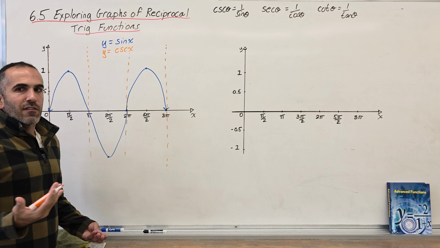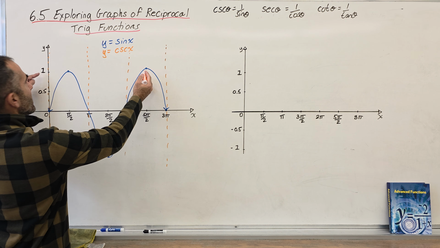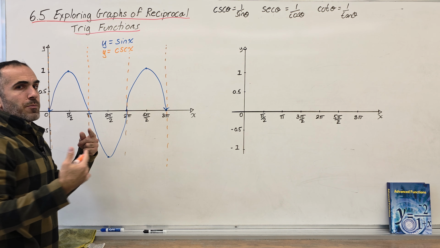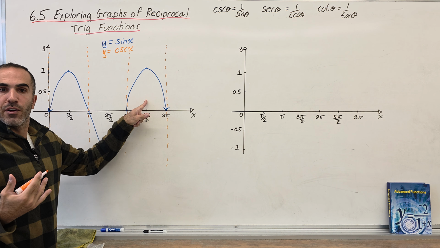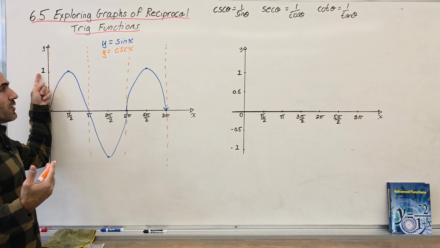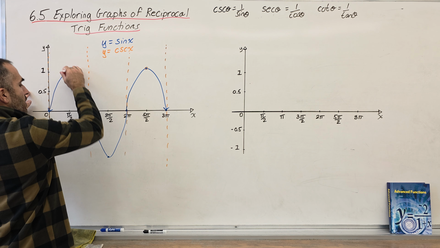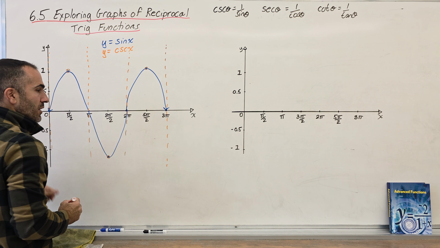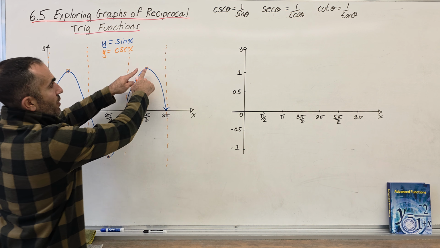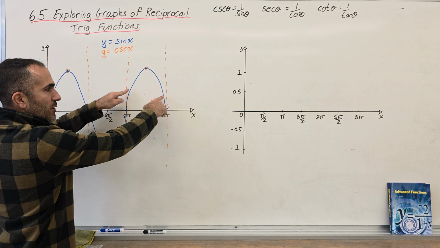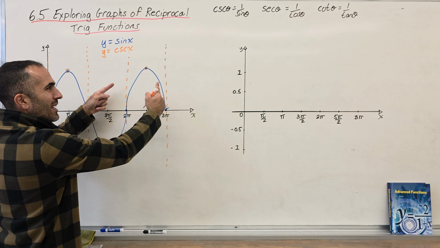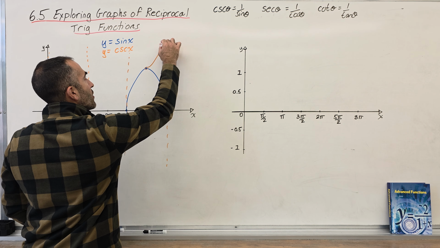Think of these as individual parabolas, just flipped. If this is at 1, the reciprocal of 1, you might think it's going to be plotted down here, but the reciprocal of 1 is actually 1. So these points are all the same. The reciprocal of -1 is -1. But as these points get smaller and closer to 0, if they're in the denominator, they're going to go higher and higher.